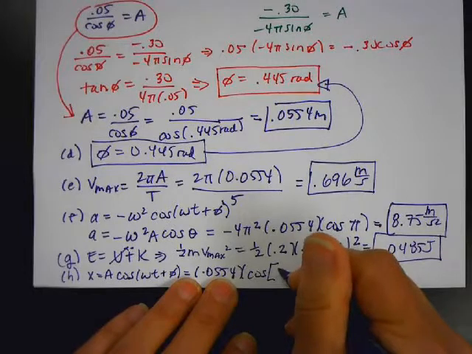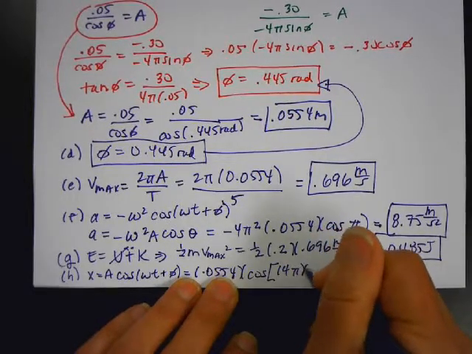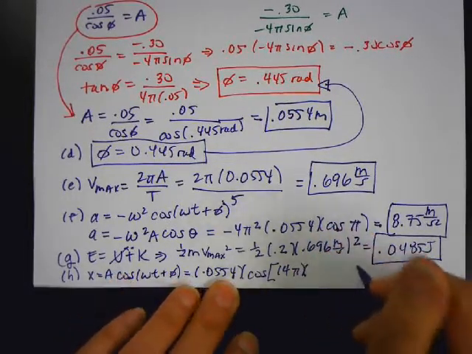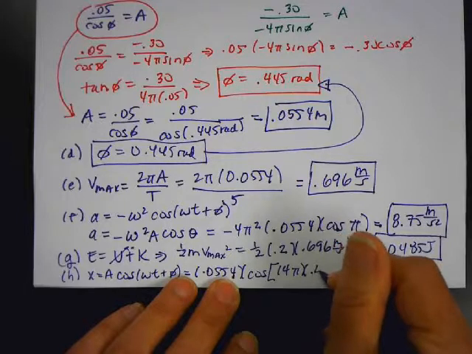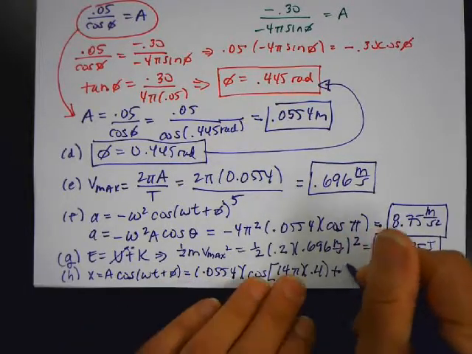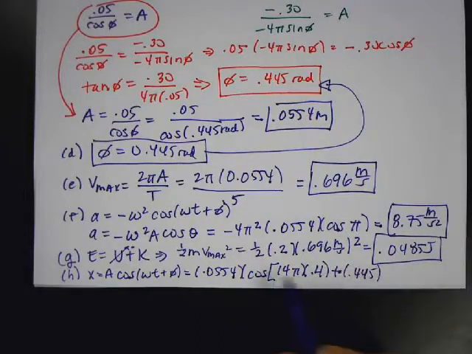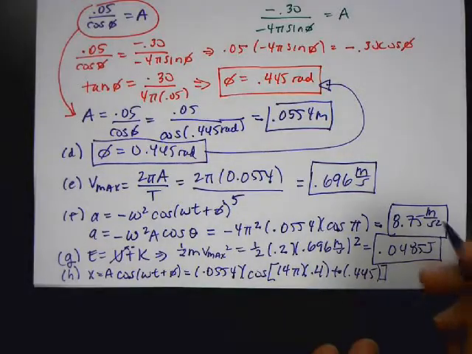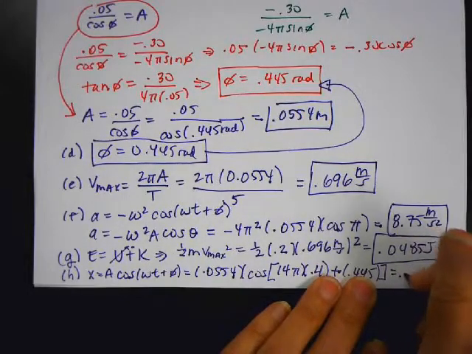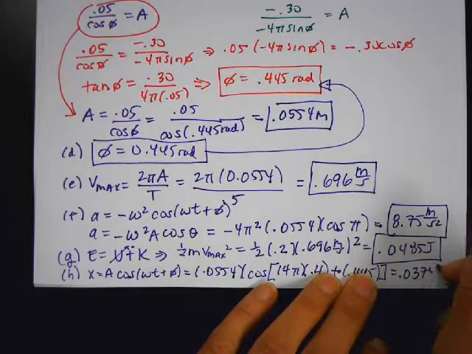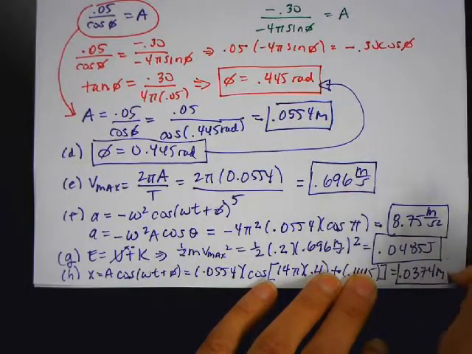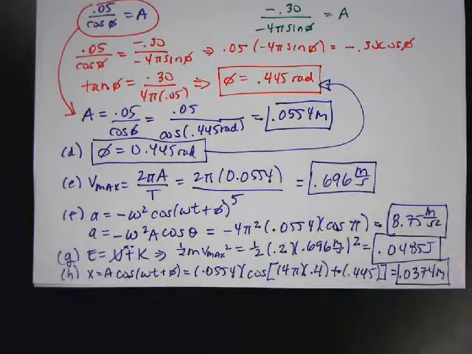So it's going to be 4 pi, and then they told us t now is not 0, it's 0.4, plus 0.445. Remember, you're going to have to add these first before you press cosine, and then multiply that. So be careful with your order of operations. And then this is equal to 0.374 meters.